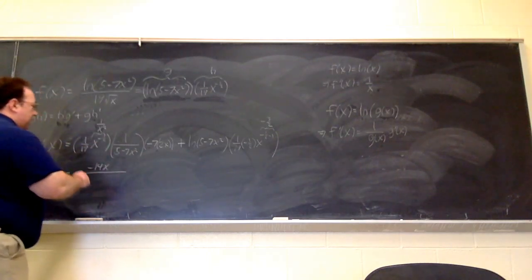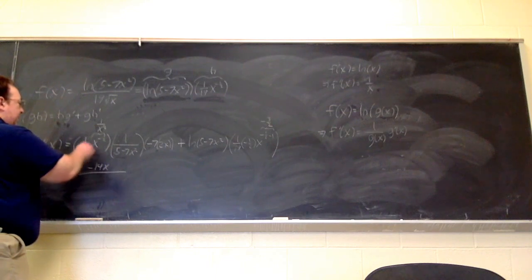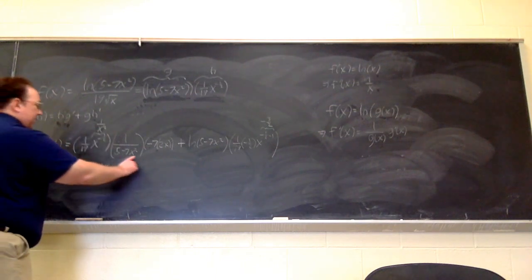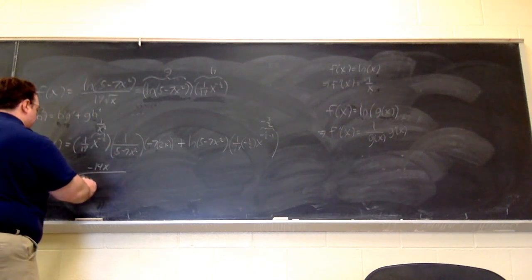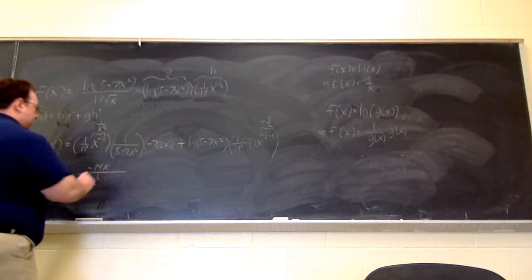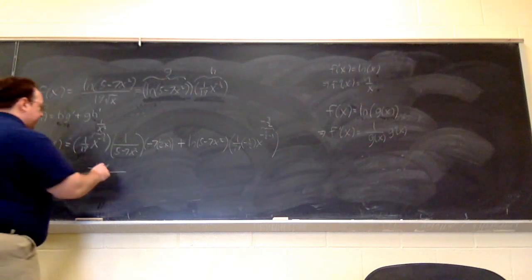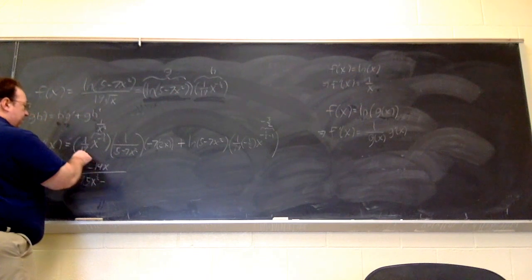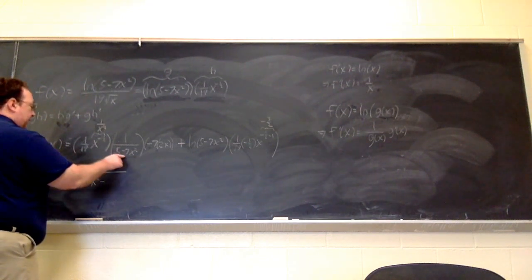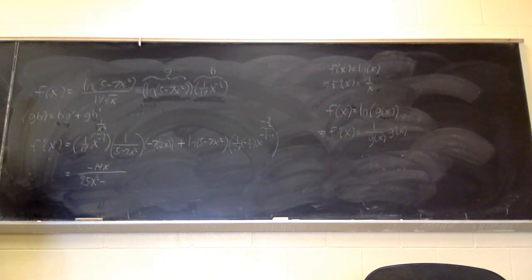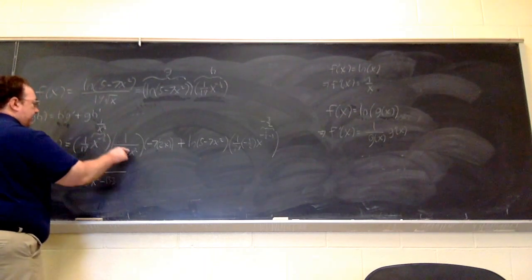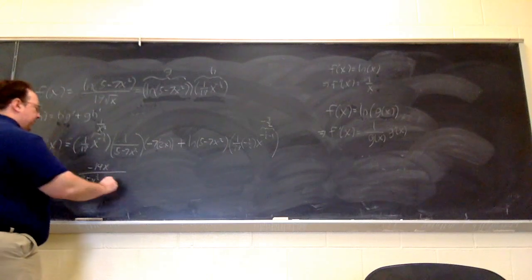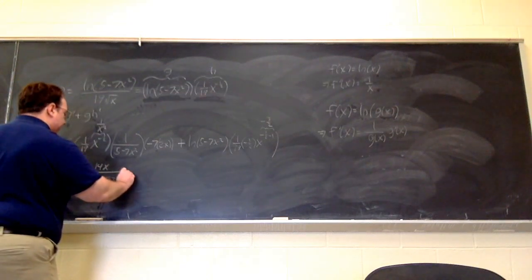So if I distribute 19x to the 1/2 through all of this, I'm going to get 19 times 5 is 95 x to the 1 half. And then I have minus 19 times 7, which is 133, x to the 1 half times x squared. So 1 half plus 2 is 5 halves. So x to the 5 halves.